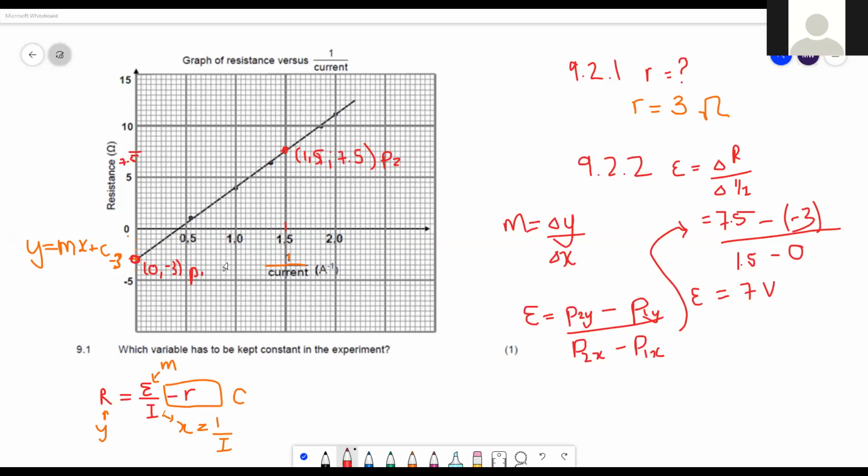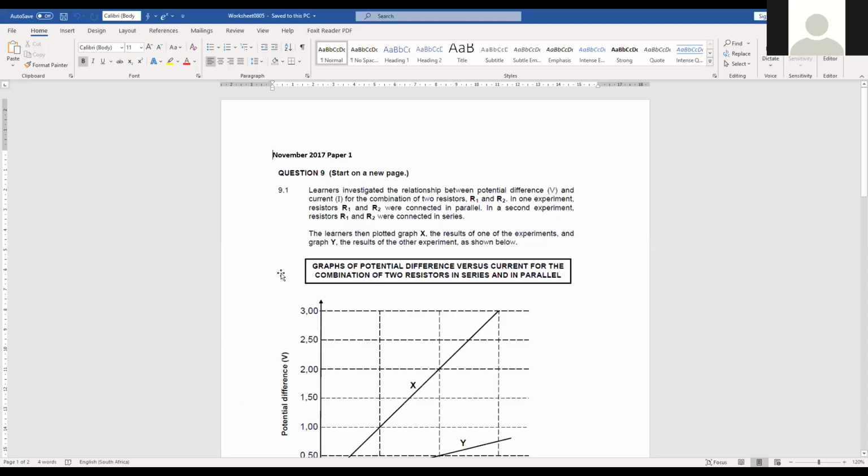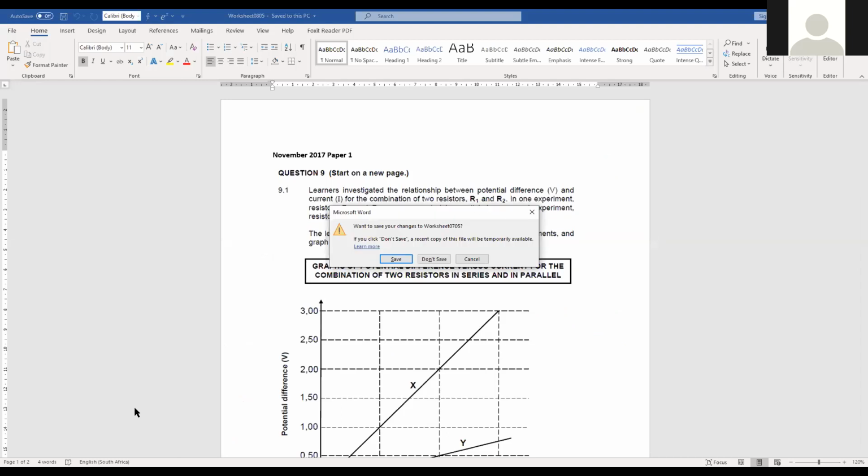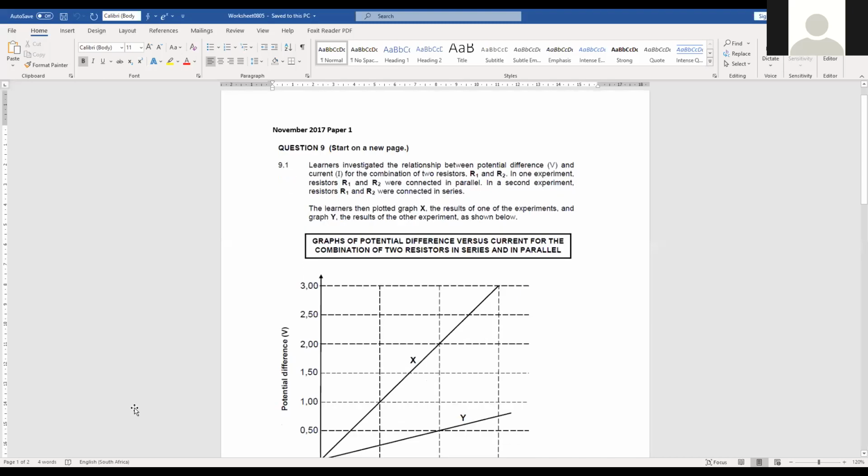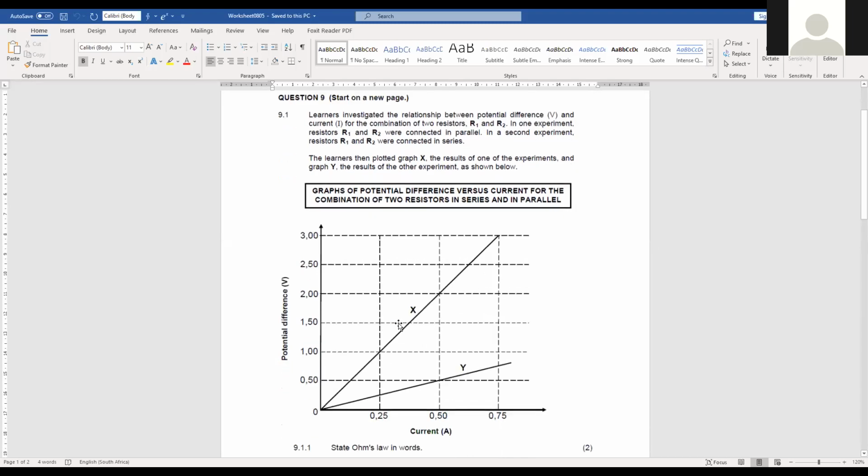Okay, so then looking at, everyone seeing the November 2017 paper? Yes? Okay, cool. So question 9 tells you, learners investigated the relationship between potential difference in current for the combination of 2 resistors and R2 in one experiment.